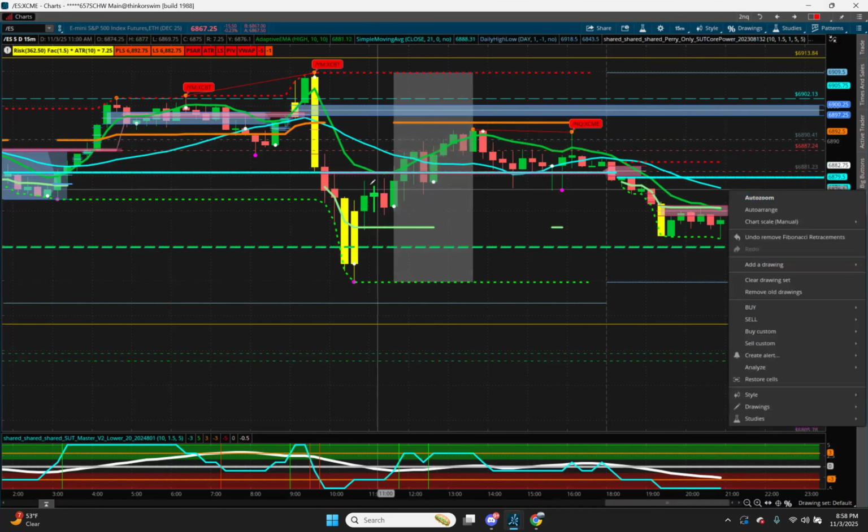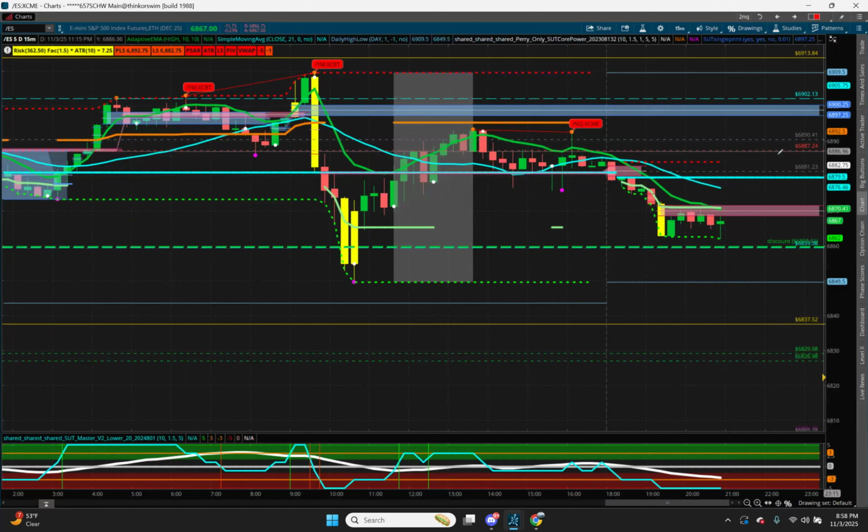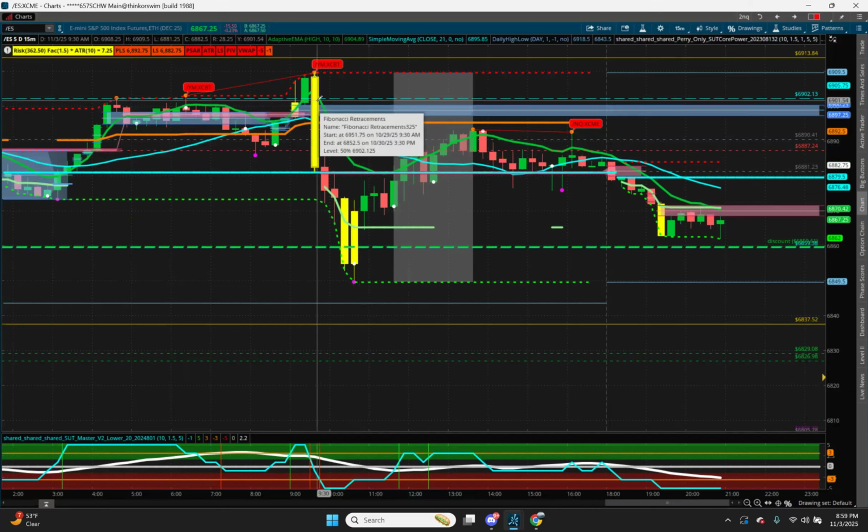Now, if you look at today, shorts, here was the mid. Here's the upper mid. Here was the lower mid. If you took shorts above the upper mid or longs below the lower mid, safety zone. Those are the best trades. Longs below the lower mid and shorts above the upper mid in a neutral day.